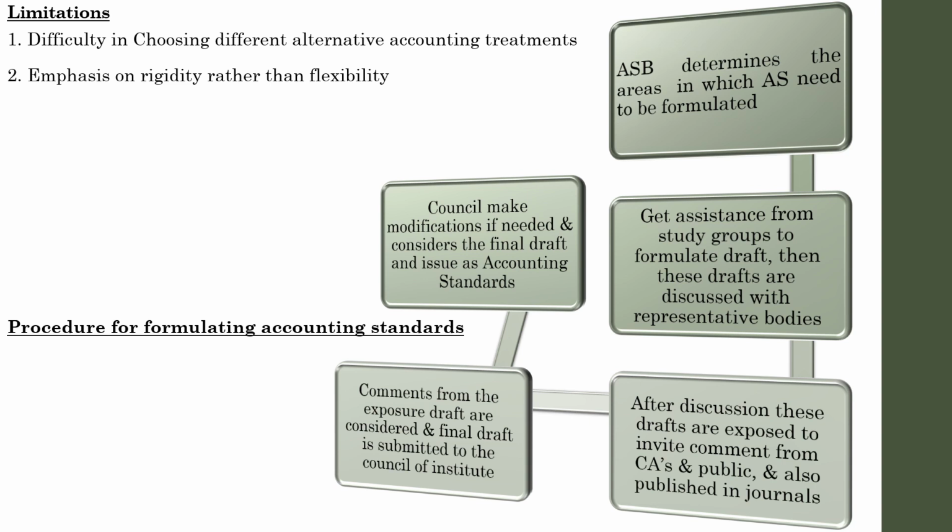They will not be flexible. In accounting standards, that issue is there because accounting standards set various rules to be followed while preparing or practicing accounting. Sometimes these rules may be rigid, not flexible. And whenever something is too rigid, it is very difficult.